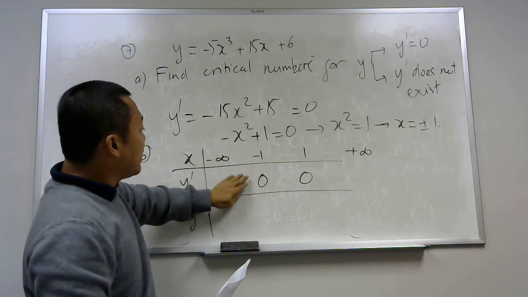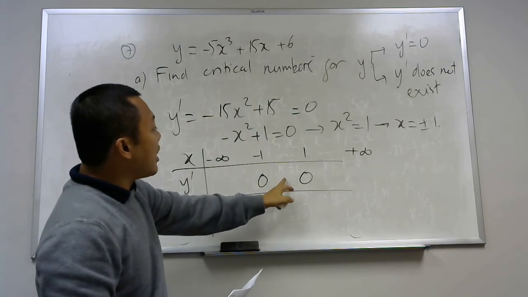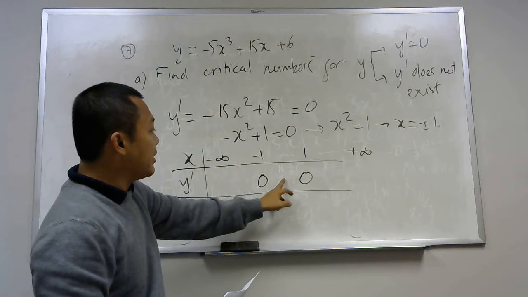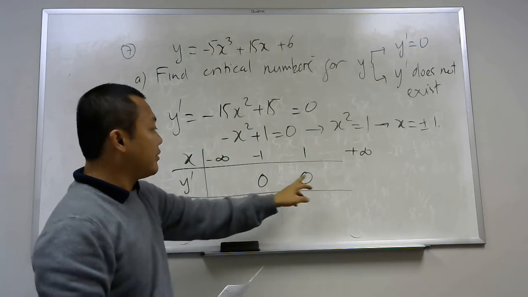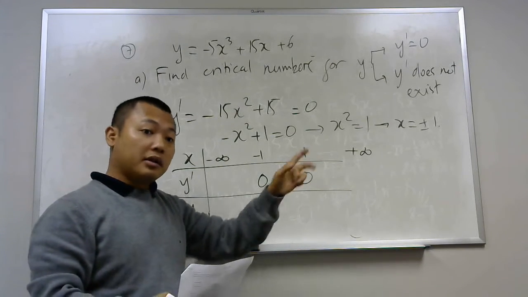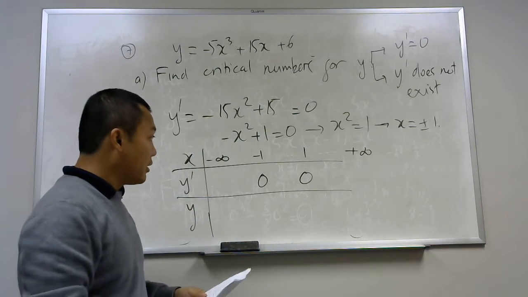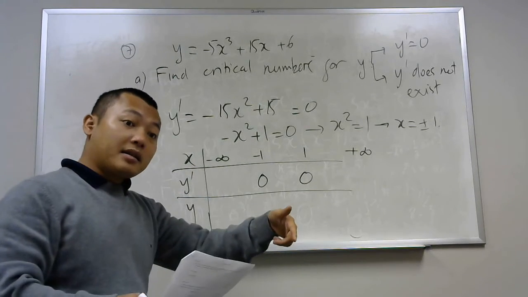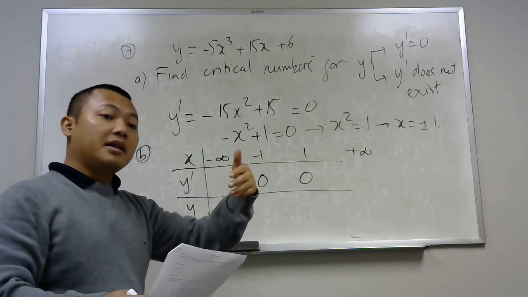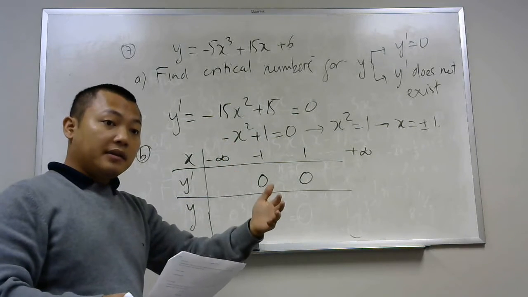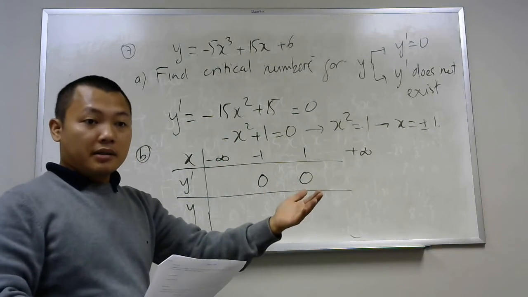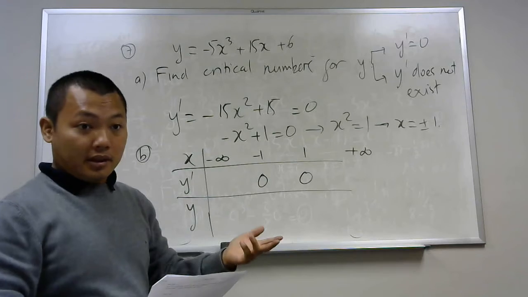We need to figure out the sign of the first derivative in this interval, and in this interval. We need to do that because if the derivative is less than 0, it means the function is decreasing. If the derivative is bigger than 0, the function is increasing.